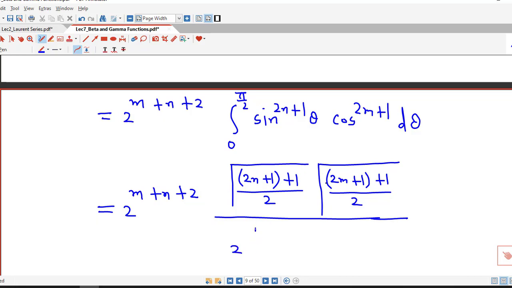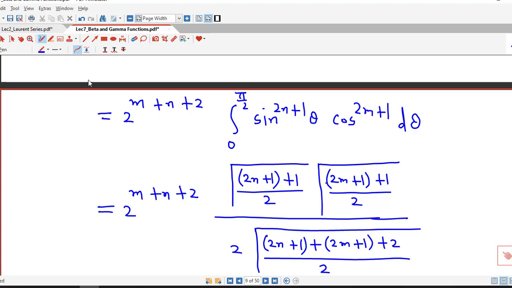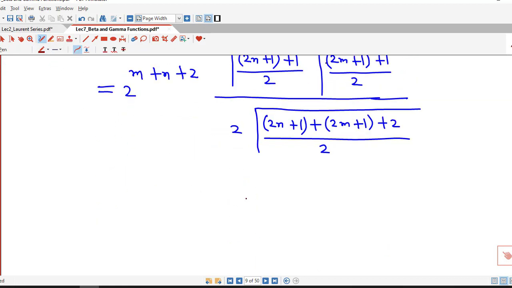In the division we have 2 times gamma of (power of sine, that is 2n plus 1, plus power of cosine, that is 2m plus 1, plus 2) divided by 2. So here we are using that formula which we have derived in earlier lectures.